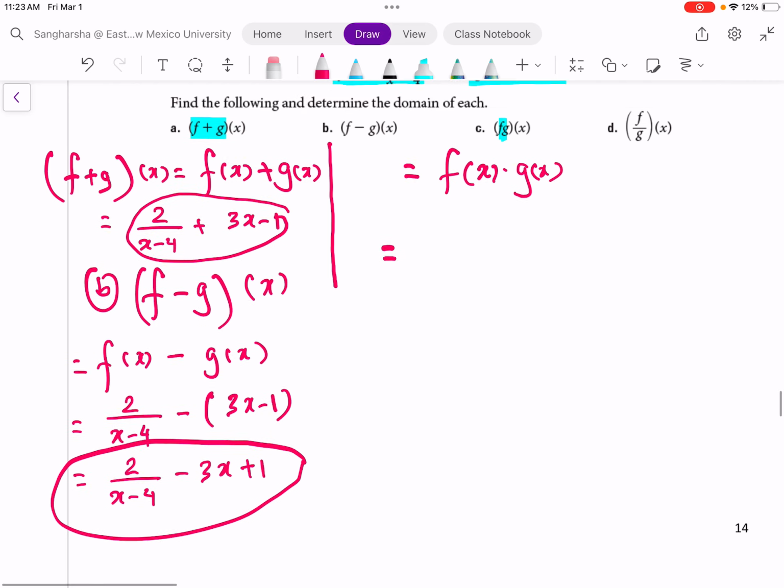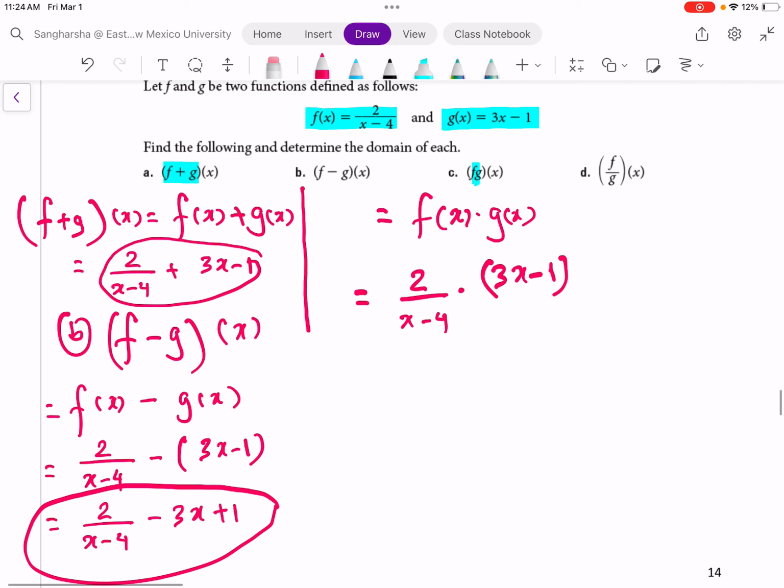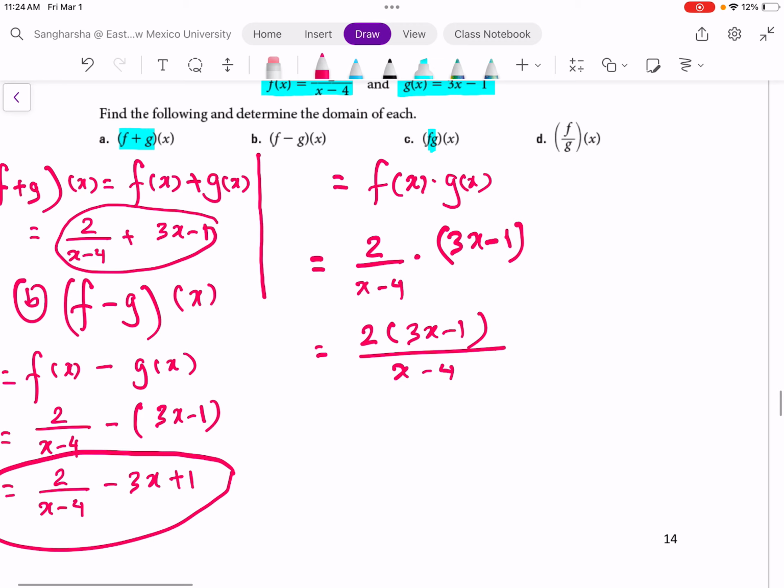Our f of x is 2 over x minus 4 times g of x is 3x minus 1. So make sure to have the parenthesis. And you can just write this numerator together. Okay, so we have 2 times 3x minus 1 divided by x minus 4. Yeah, you can just write up to here as your final answer.